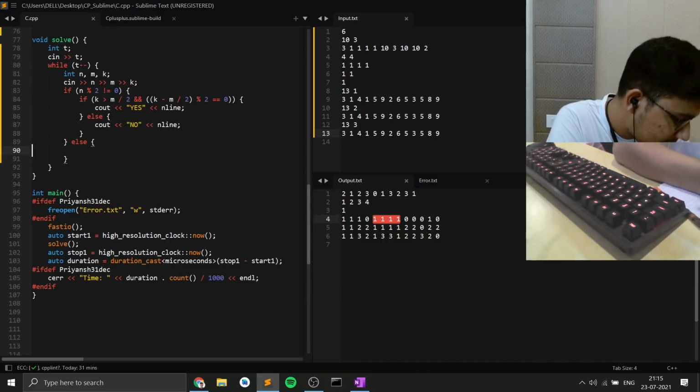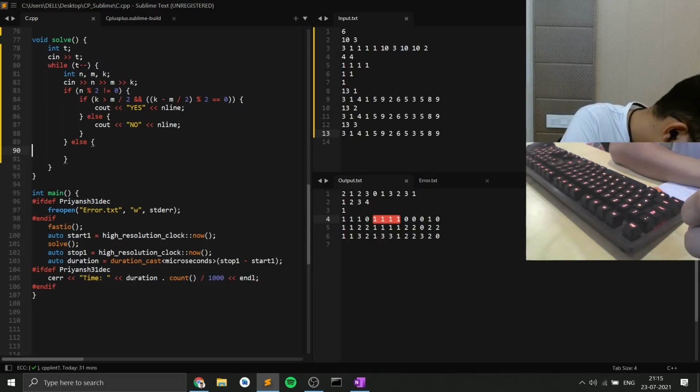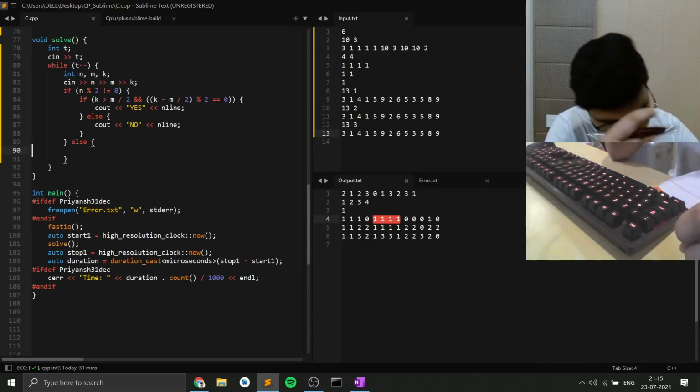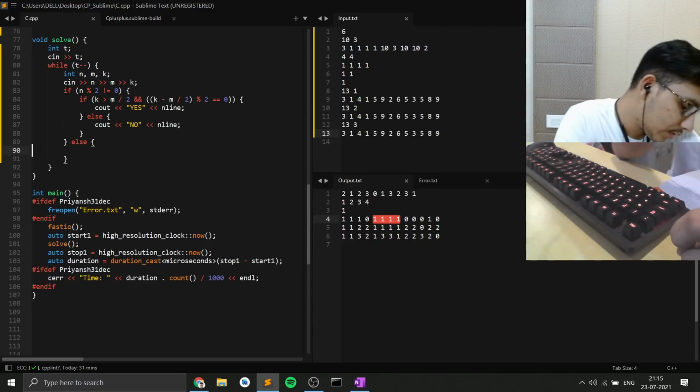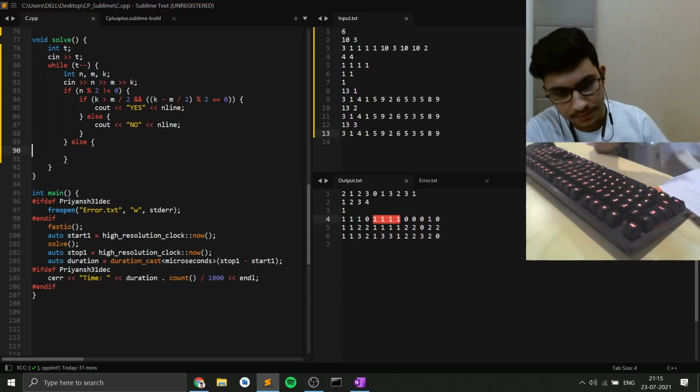The first thing is that you can only place an even number of dominoes in every column.